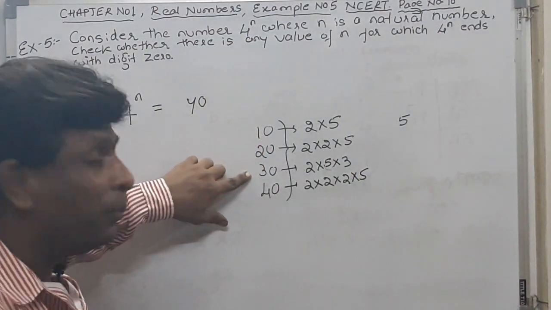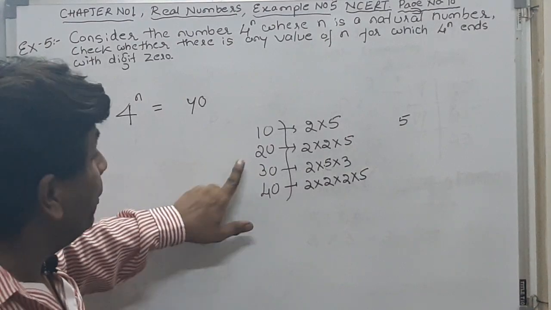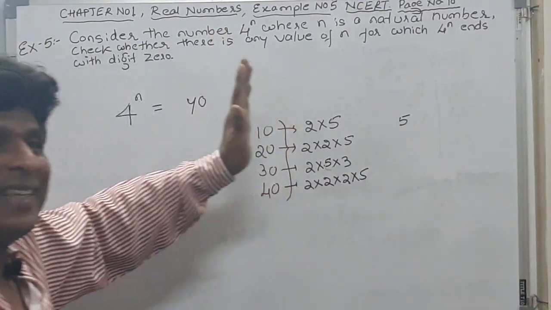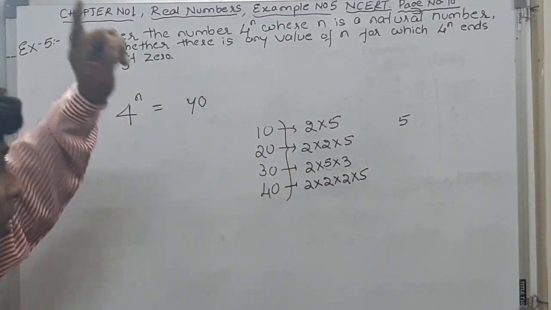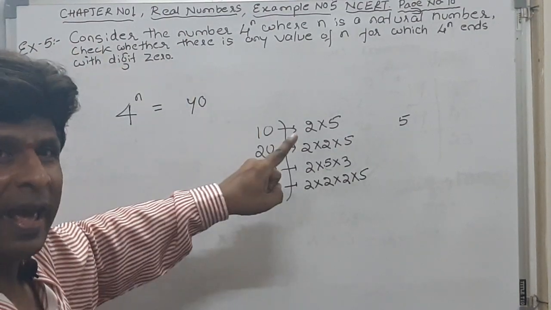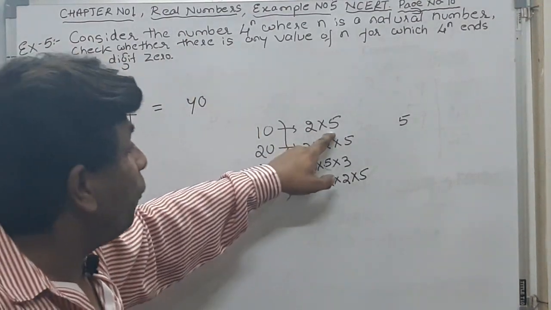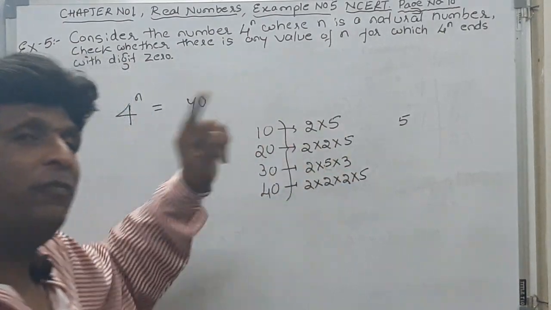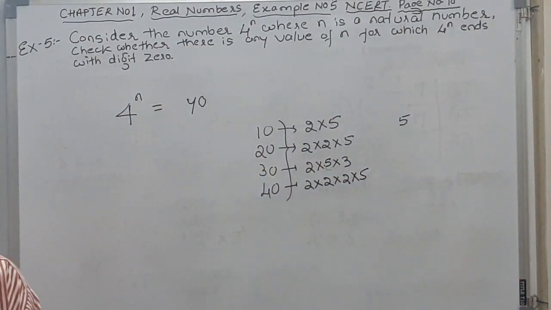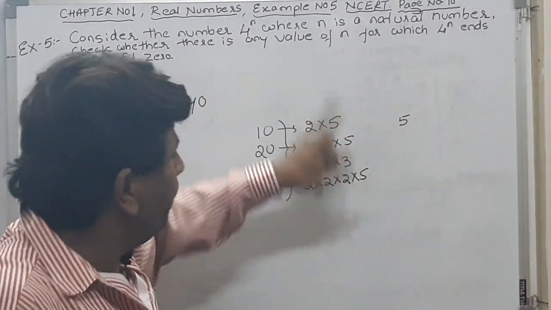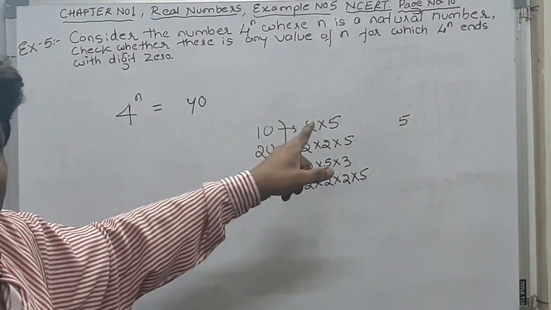All the numbers which have 0 as the end digit should have 5 as a prime factor. Do you understand this now? 5 should be there in their prime factorization.